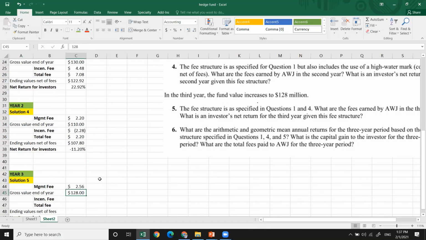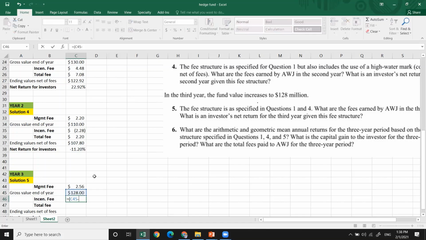And I earned 128, but for the incentive fee, 128 minus 107.